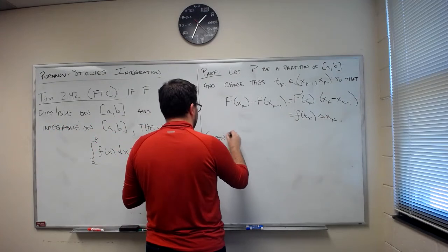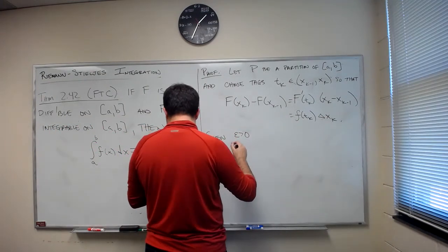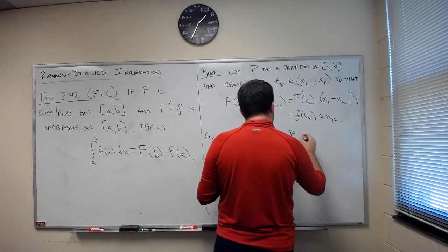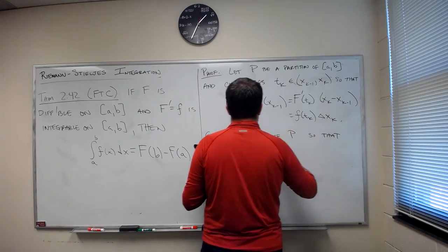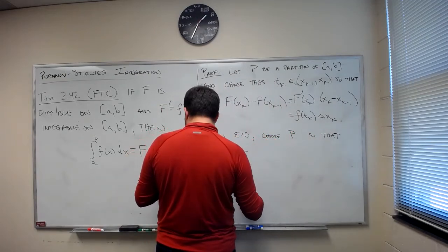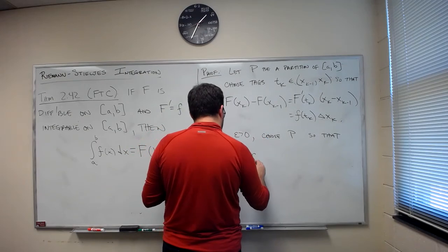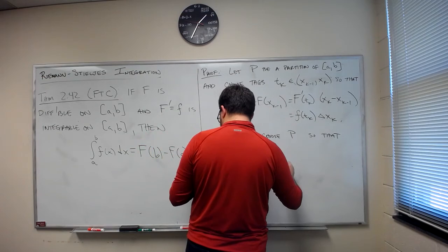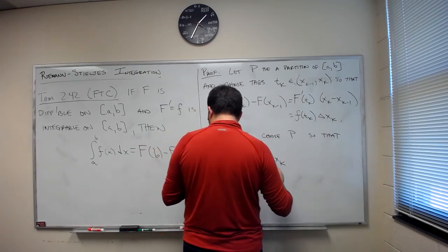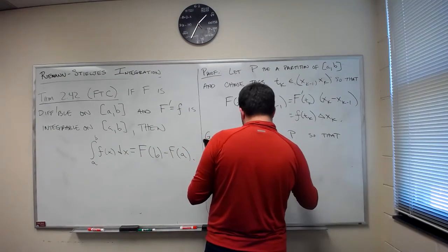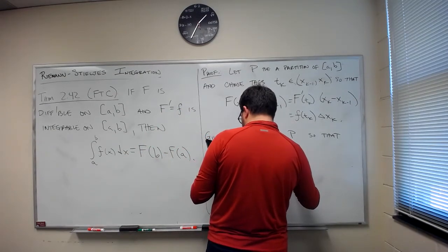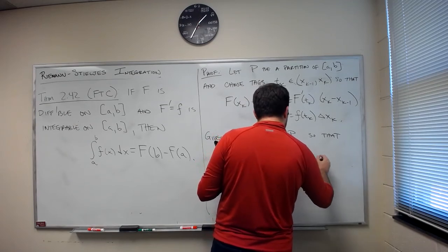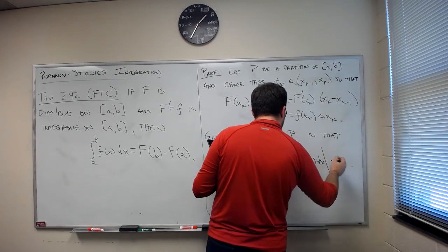Okay. So now, given an epsilon greater than 0, I can choose my partition P so that the sum k equals 1 to n of f of t_k times delta x_k minus the integral from a to b of f of x dx is less than epsilon.